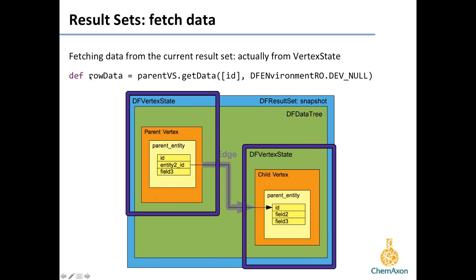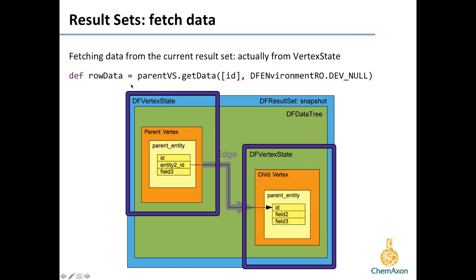If we're looking at pulling a row of data, and we'll look at this in a little bit more detail in the next slide, we are going to use the getDataConvenience method on the vertex state. And the vertex state is simply the access to the data itself. In this case, we're just saying on this particular row ID, get this row of data.